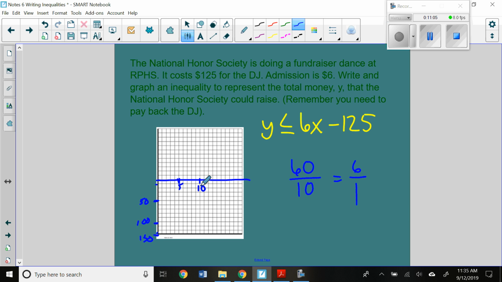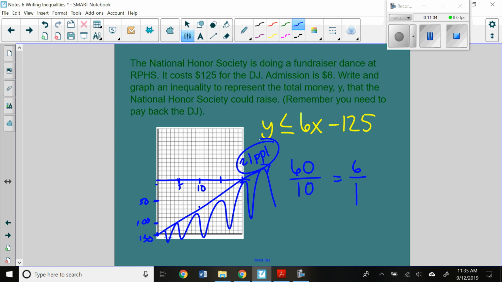Okay, so I can go up 60 and over 10. And I can go up another 60 and go to the right 10. So 2, 3, 4, 5, 6, 7, 8, 9. And I'm ending right about there. Okay, so I'm not going to make any profit until I'm at like 21 people.